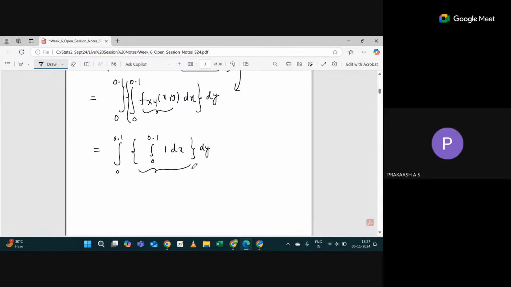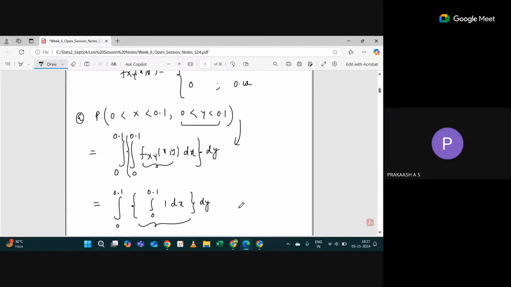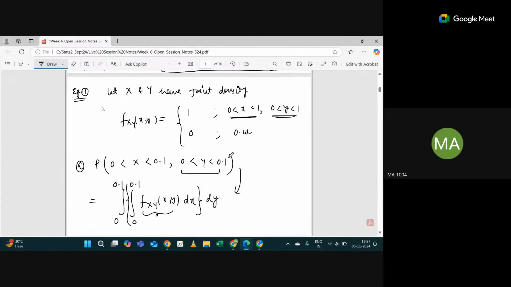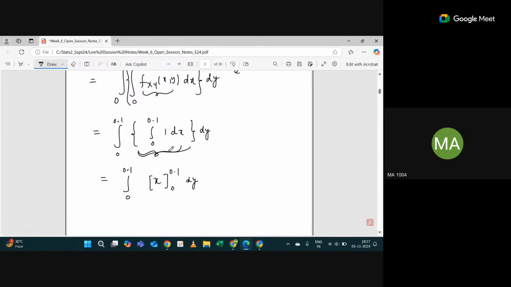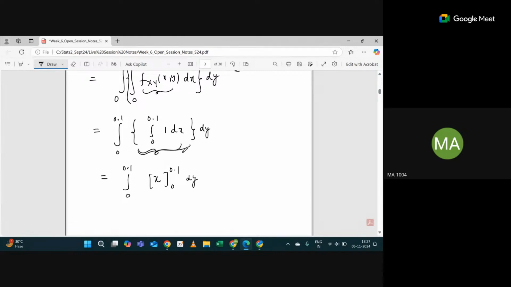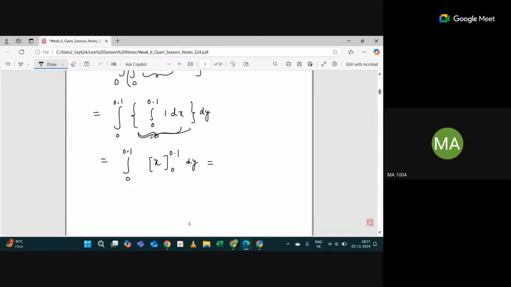Then this part will be x, evaluated from 0 to 0.1, dy. It is a uniform distribution over the square, and the function is given. Is everyone getting this part, the black highlighted portion? Yes, no problem.